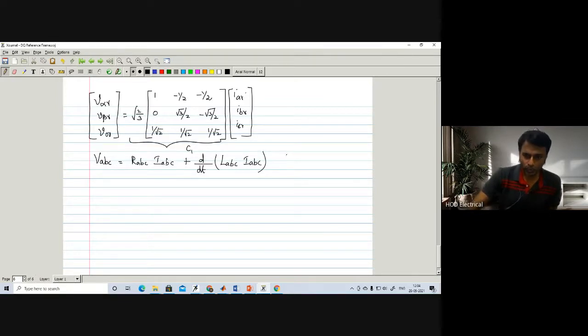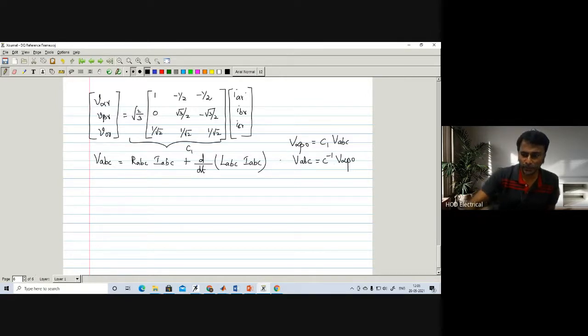But we know V alpha beta naught S is nothing but C1 matrix into VABC, right? So from this, what we can write? We can write VABC is nothing but C inverse of V alpha beta naught.